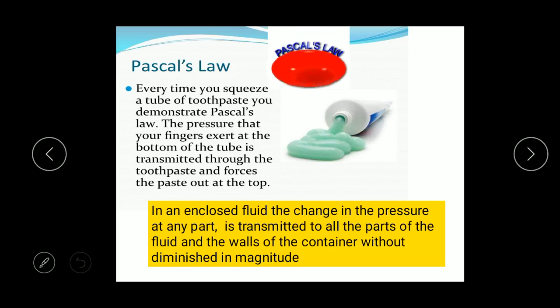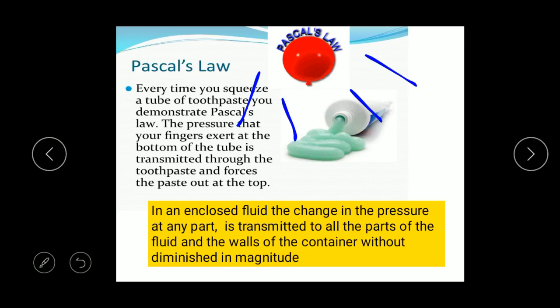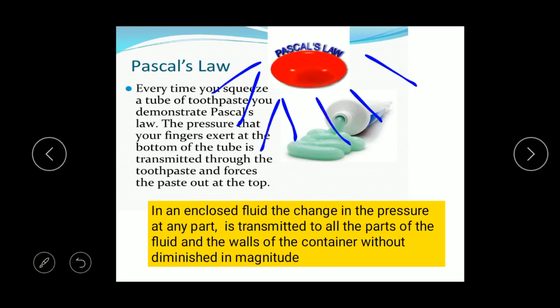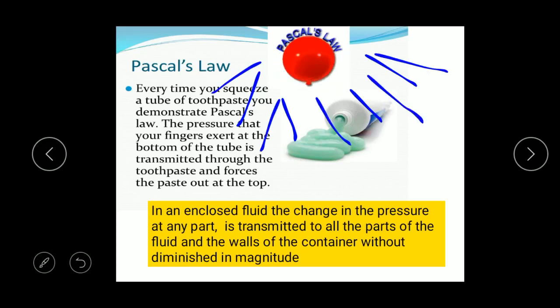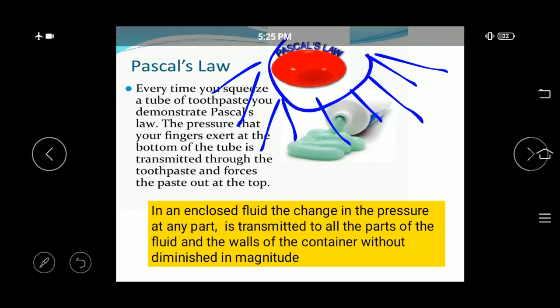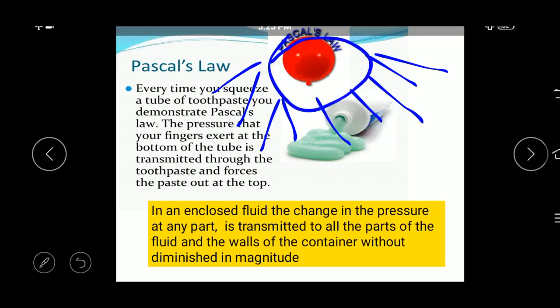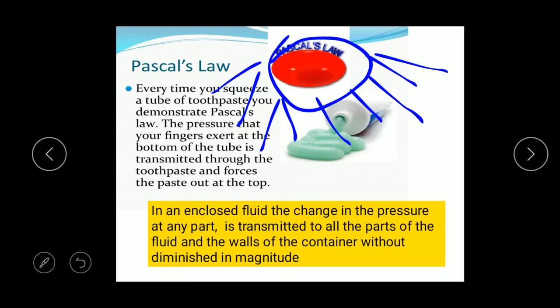Whatever pressure is applied to an enclosed fluid is transmitted to every portion of the liquid and also to the walls of the container without diminishing in magnitude.